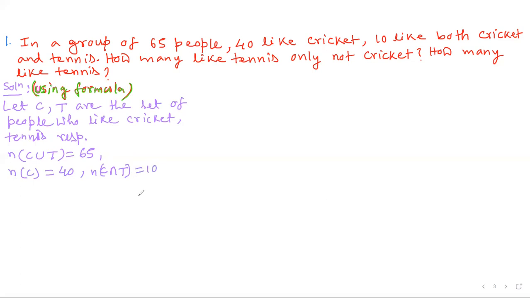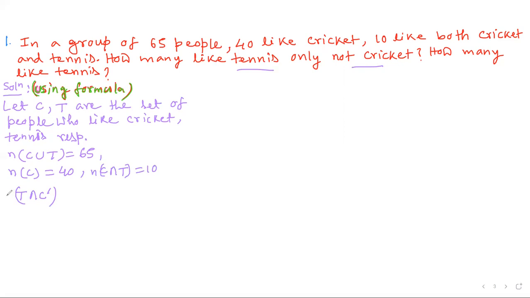Now we have to calculate how many like tennis only but not cricket. That means we can use the notation T intersection C complement. This notation represents the number of people who like tennis only but not cricket.